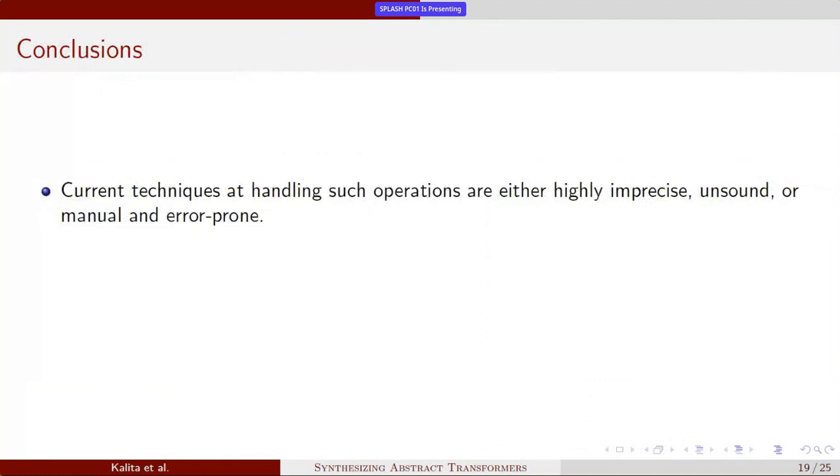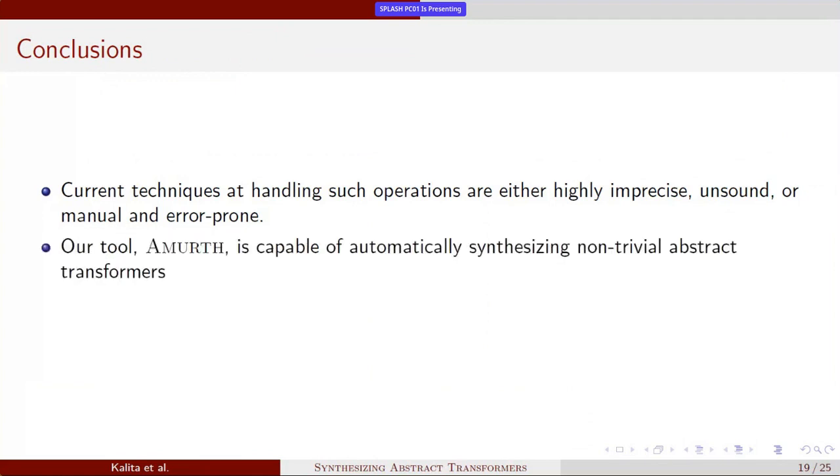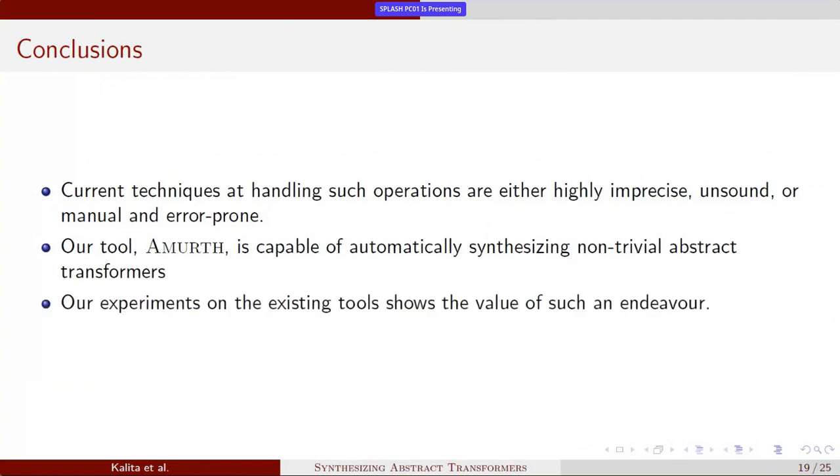Now, to conclude our talk, current techniques for handling such operations are either highly imprecise, unsound, or manually written and error-prone. Our tool, AMURTH, automatically synthesizes non-trivial abstract transformers, and it's worth mentioning that AMURTH was capable of finding the bugs we have shown.